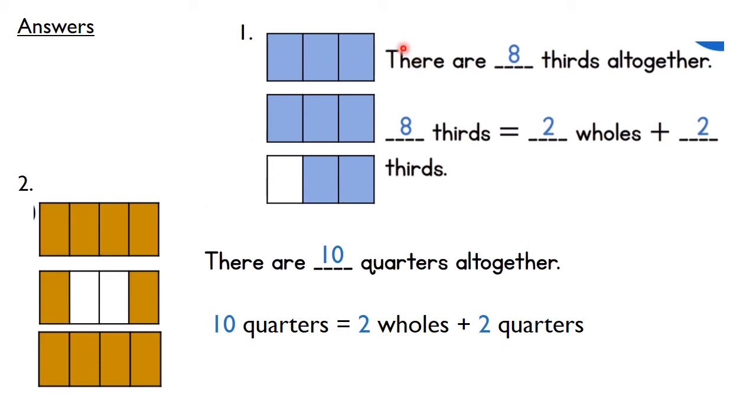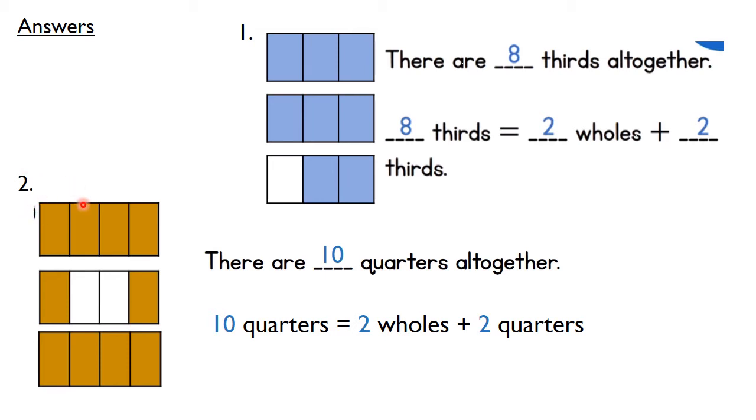Okay, so here are your answers. We're looking at question 1 first. As you can see, there are 1, 2, 3, 4, 5, 6, 7, 8. So there are 8 thirds altogether. And we know that 8 thirds equals 2 wholes and 2 remaining thirds. So let's look at question 2.